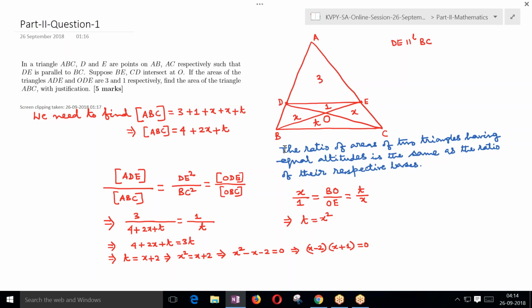So angle DOE is equal to angle BOC. Correct. That is the condition. Congruent means they have to be exactly the same. Can you superimpose triangle ODE on OBC? Certainly not. But if you extend ODE, then it will become OBC. And when you extend it, that is called similar, not congruent.